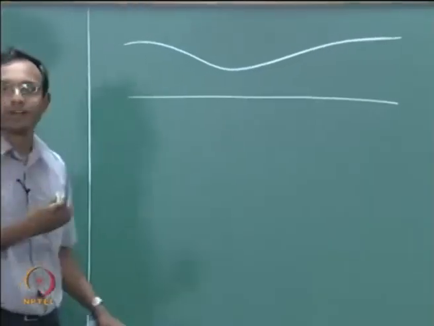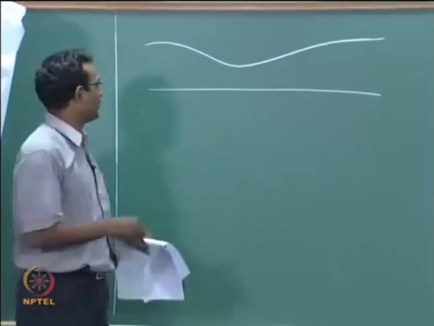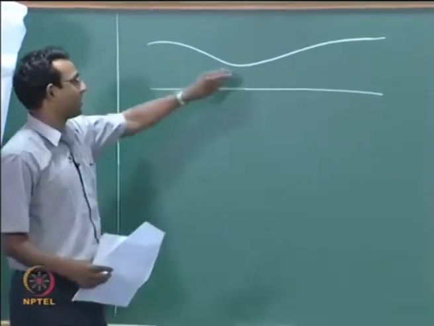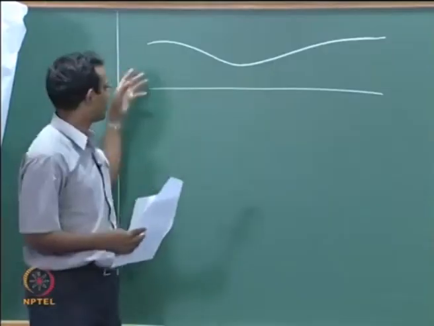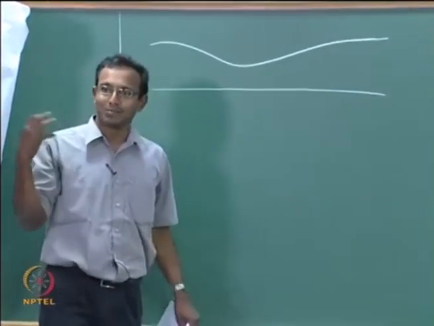consider some duct, flow through a duct with some area variation. I am picking something like a convergent divergent nozzle, and this flow through it is what we are going to study, and of course I have to revisit all my assumptions as before.